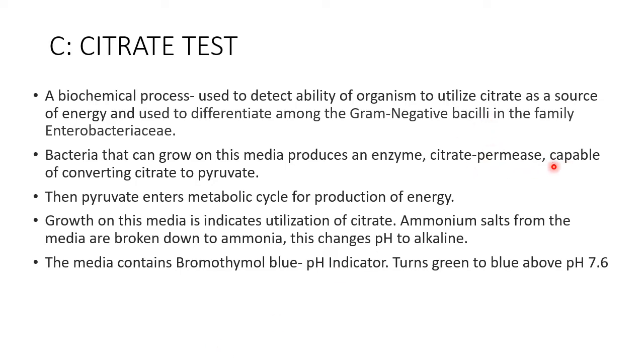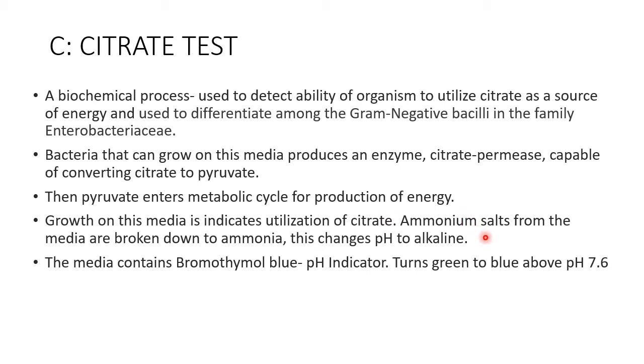Only those bacteria which produce citrate permease are capable of converting the citrate into pyruvate. Then pyruvate enters the metabolic cycle for the production of energy. So this is how citrate is used as a carbon source to obtain energy. Growth on this media indicates utilization of citrate. Once the bacteria is able to grow, that means it can utilize the citrate.